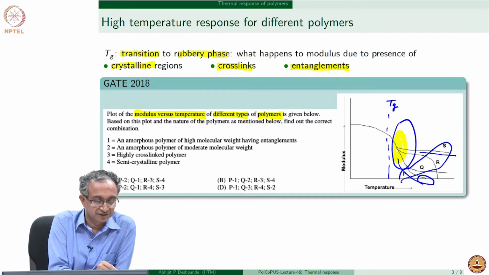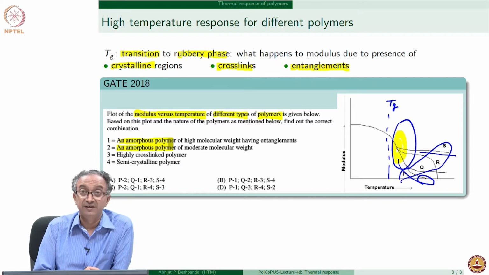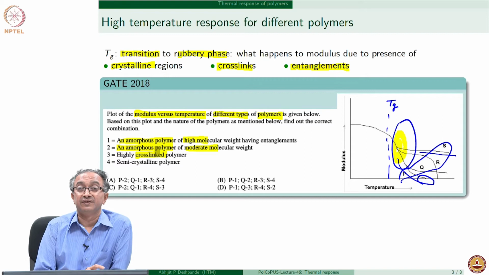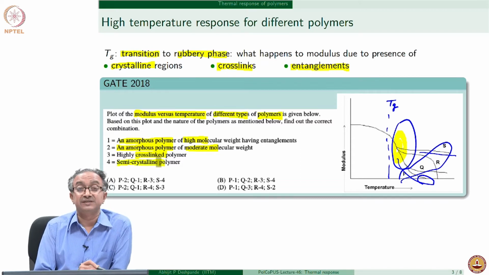In fact, the question clearly states that two of them are amorphous polymers. However, one of them has high molecular weight, the other has smaller molecular weight. One of them is a cross-linked polymer, so a thermoset polymer with a reasonably high degree of cross-linking, and then we have a semi-crystalline polymer.